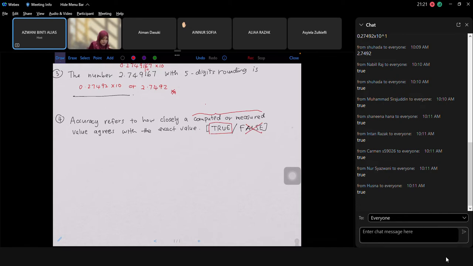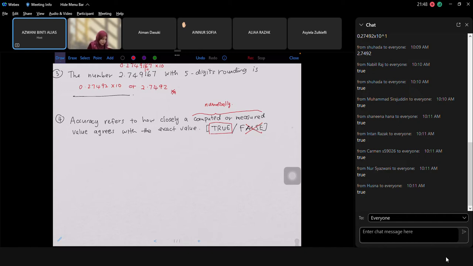This is numerical, or in Malay, secara numerik. Numerically. So computed or measured, we calculate numerically, or when we chop or round the value, we have cut early. We have assumed and taken the simplest value.